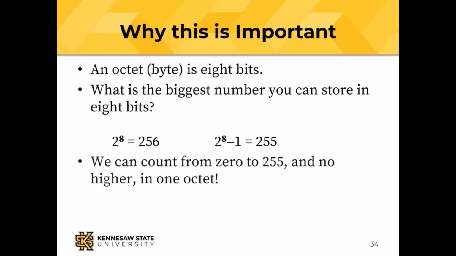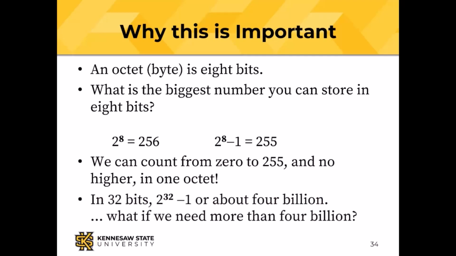All right. So I can count from 0 to 255 and no higher with 1 octet. With 32 bits, I can get to about 4.29 billion. If I need more than 4.29 billion, I need more bits, or I need another way of storing information in the computer. And that another way is floating point numbers, which we will get to, I hope, on Tuesday.